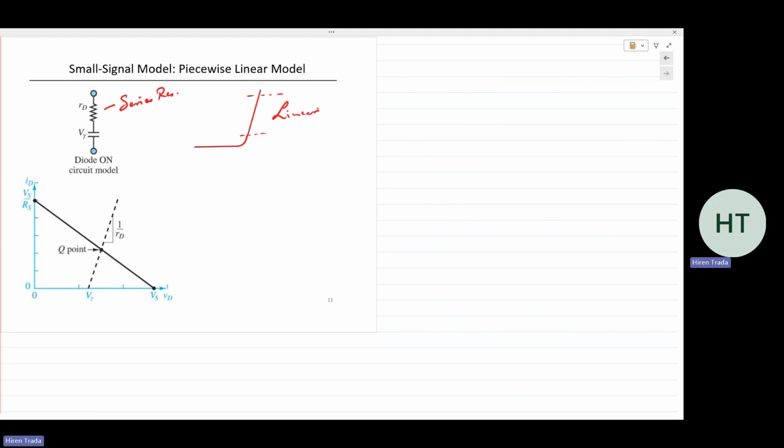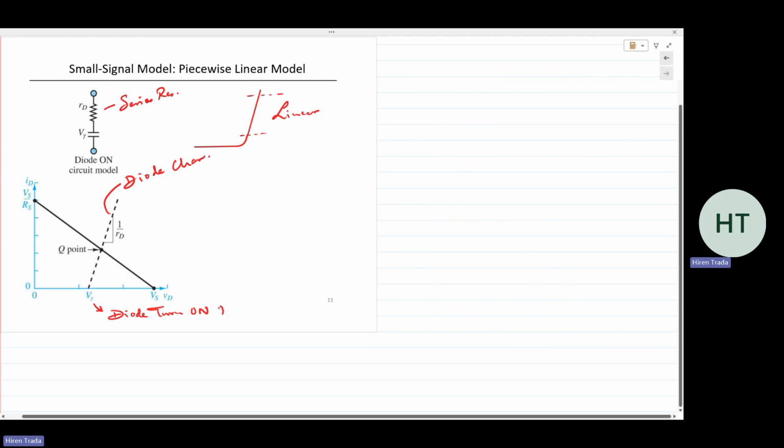So in this, we are going to plot the diode characteristic as a linear line, extrapolate it to the x-axis, and we're going to say, when we extrapolate it, this represents the diode turn on voltage.